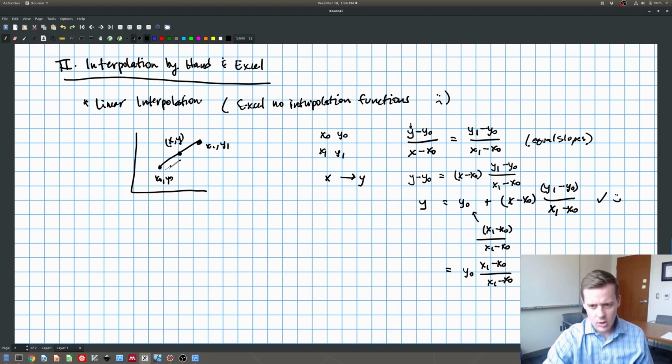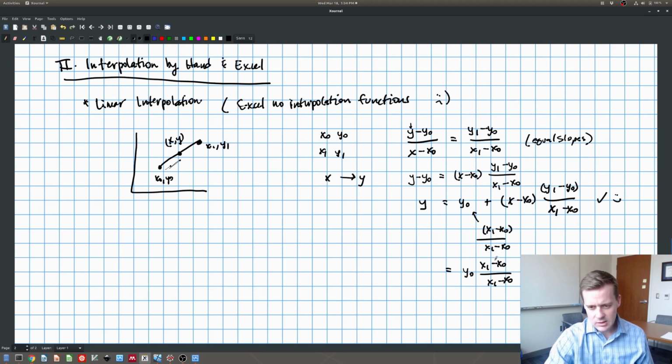So I want to have y1 times x minus x0 divided by x1 minus x0, minus y0 times x minus x0 divided by x1 minus x0. Okay, so now notice this piece has a y1 in front of it. This has a y0. This also has y0. Same denominator.